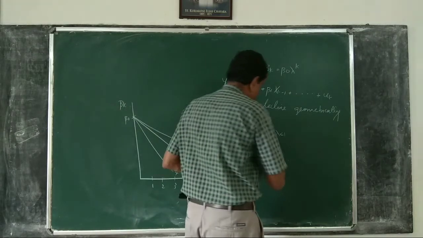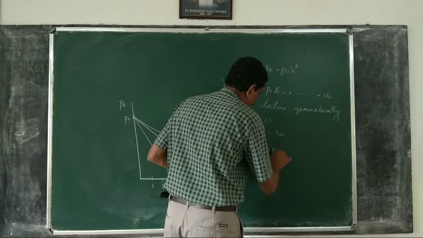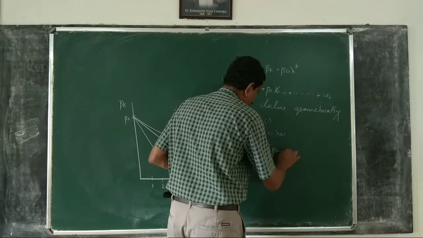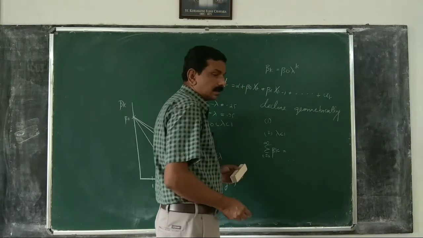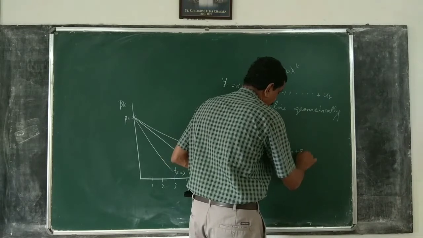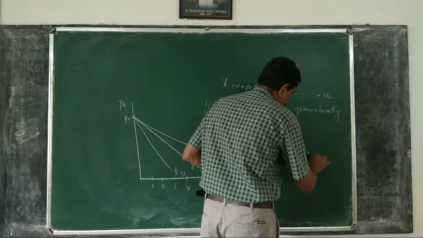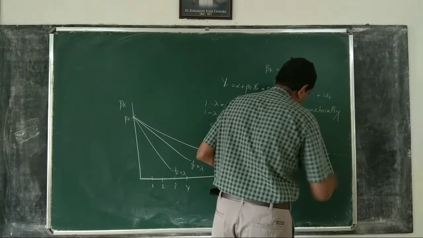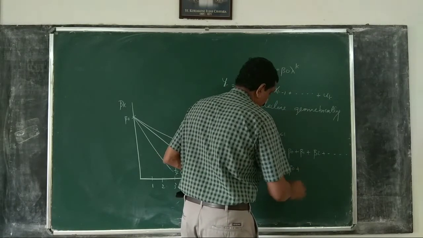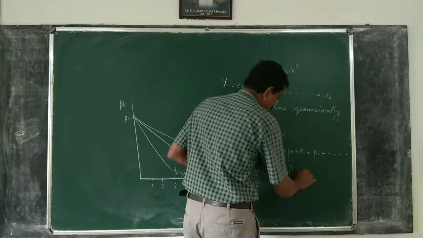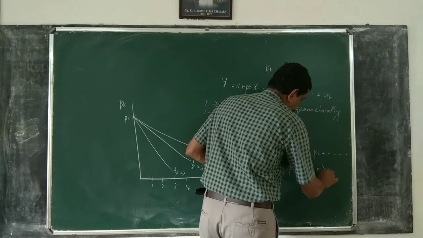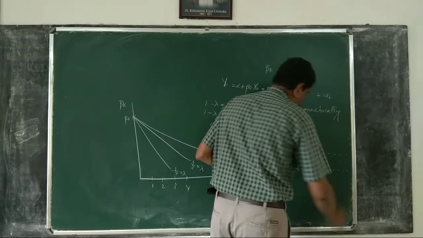In our case, sigma beta k from k equals 0 to infinity is equal to beta 0 plus beta 1 plus beta 2 plus etc. This is equal to beta 0 plus, what is beta 1? Beta 0 lambda plus beta 0 lambda square plus etc.